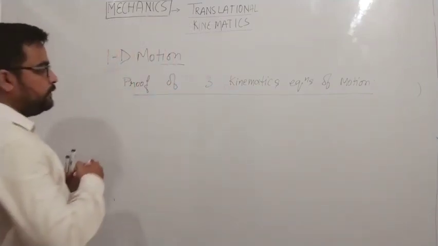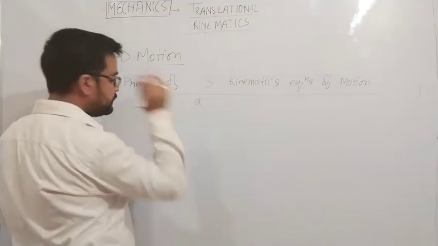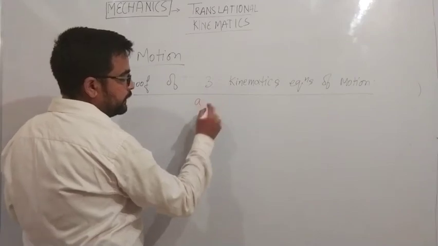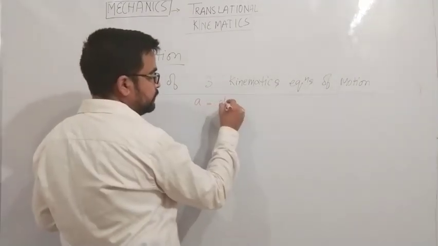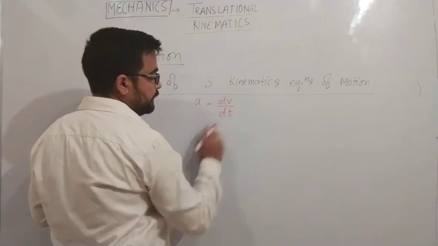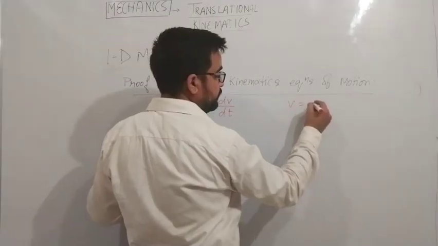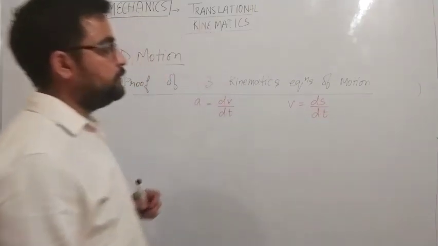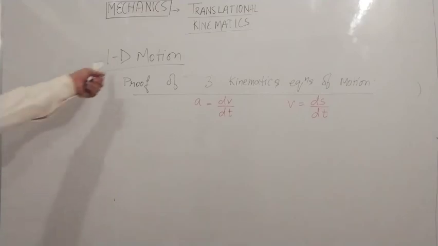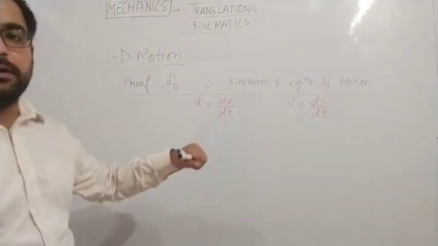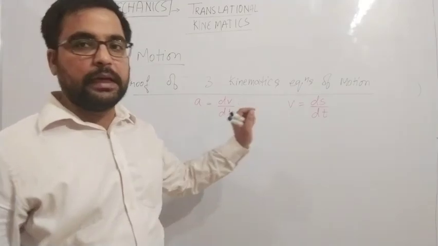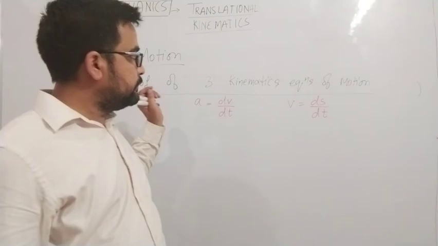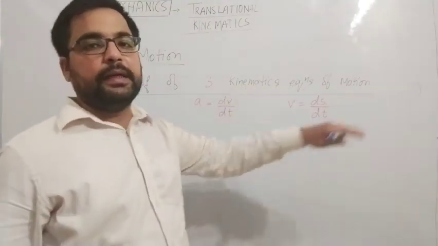See, we will use only two differential equations: one is A is equal to dV by dt, another is V is equal to ds upon dt. As we are working on 1D motion, for the time being we are omitting the arrow, because we are taking it as 1D motion in only one direction.